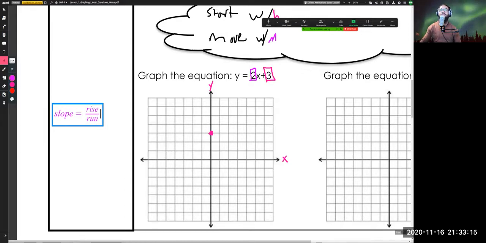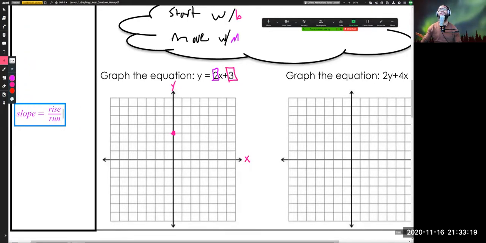When we look at this equation, this 2x, we have 2 as our slope. M equals 2, and that's supposed to be our rise over our run.